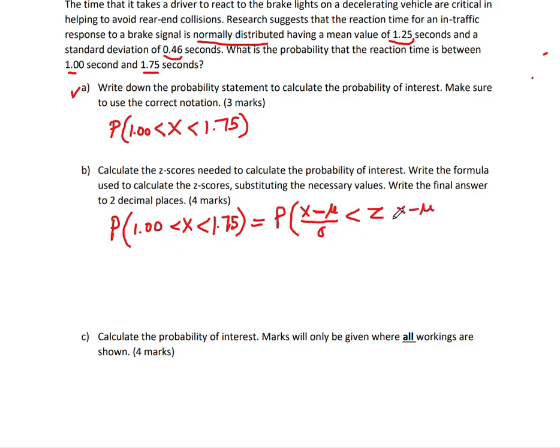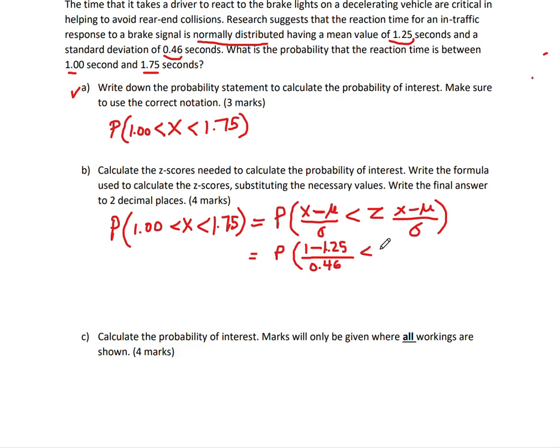So x minus mu all upon sigma. We're going to apply this formula to both values in the interval. So this will be equal to the probability. x is the value for which we are calculating the probability, which is 1, the lower limit, minus mu, which is the population mean of 1.25, divided by the standard deviation, which is also given to us, that's 0.46.